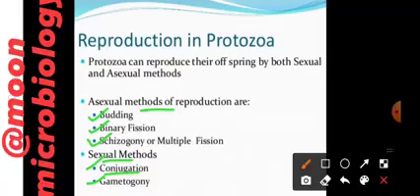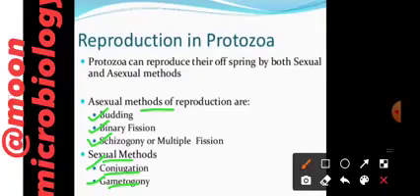Conjugation means that two protozoa meet together and exchange their genetic material. Gametogony means there is a union of two sexually differentiated cells.